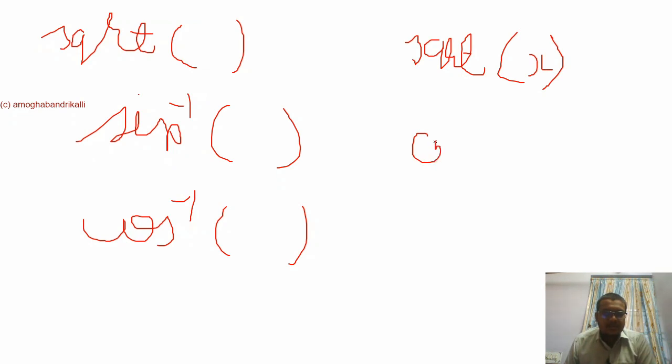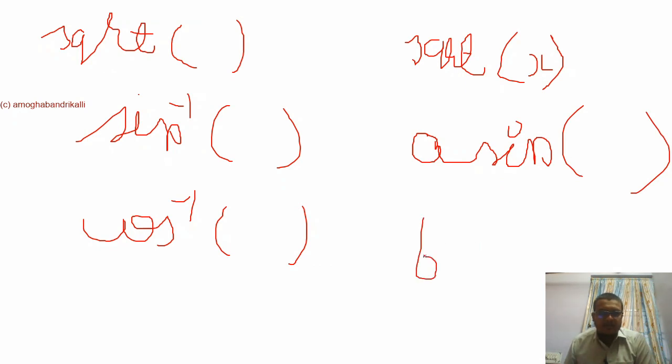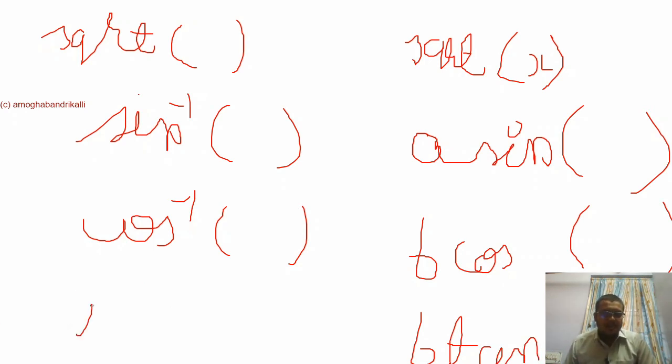Here the syntax is asin of x and acos of x. You can also see the tan, atan of x. So the answer will be the tan inverse of this value.